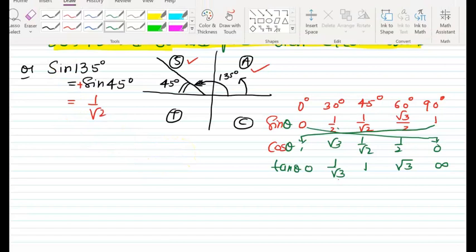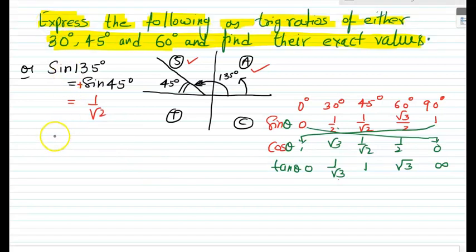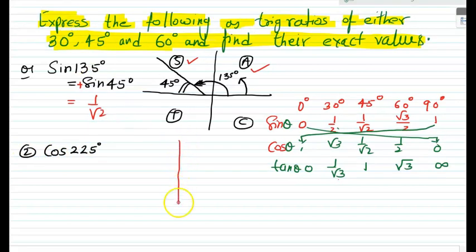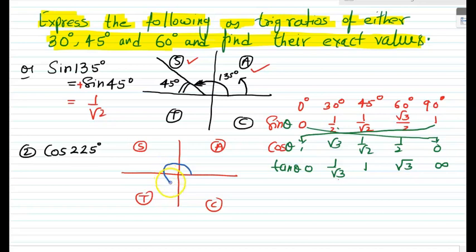Now if we need to go for another question like question number 2, cos 225 degrees. First of all, you need to make a quadrant here and write down "add sugar to coffee," and cos 225 will start from here, 90, 180, and it will be somewhere here. What do we need to see here?